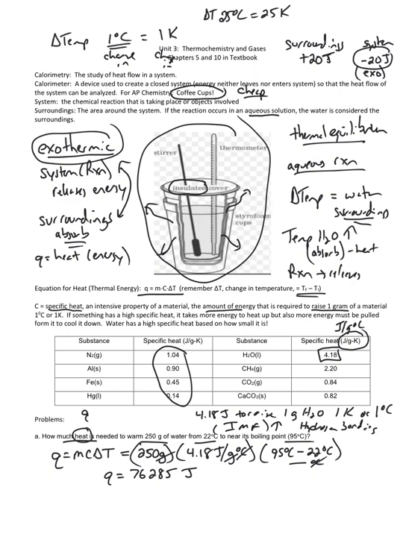Now, whenever we have a measurement in class, we should always round it to 3 sig figs, which would be to the 2. So the final answer should be 76,300 joules of energy. You'll also notice that it is positive. We could have a negative value. What does a positive value in this q mean? This means that the heat, the energy, is being absorbed.